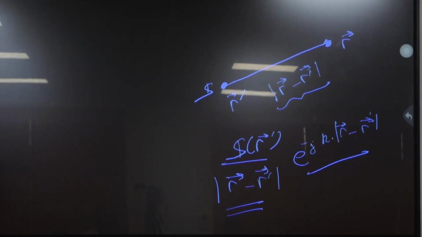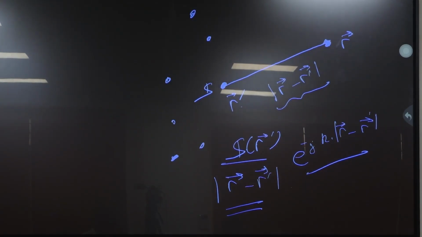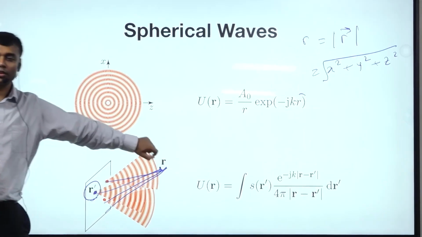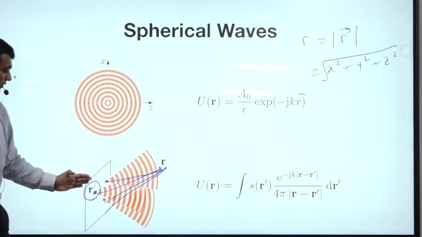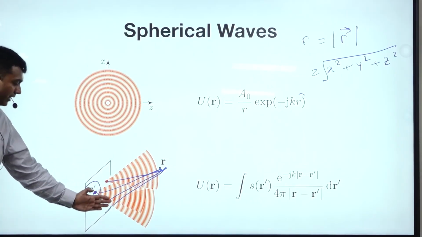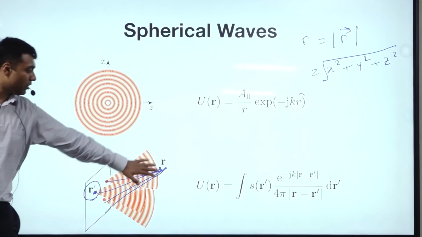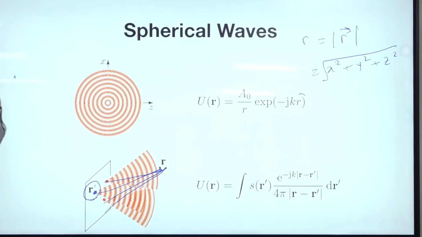Using this expression, now what happens if instead of one r prime, you have a different point, and a different point, and a different point? For different values of r prime, what is the total field at the position r? You choose different values of r prime, add them all up, and you get the total field at this location.